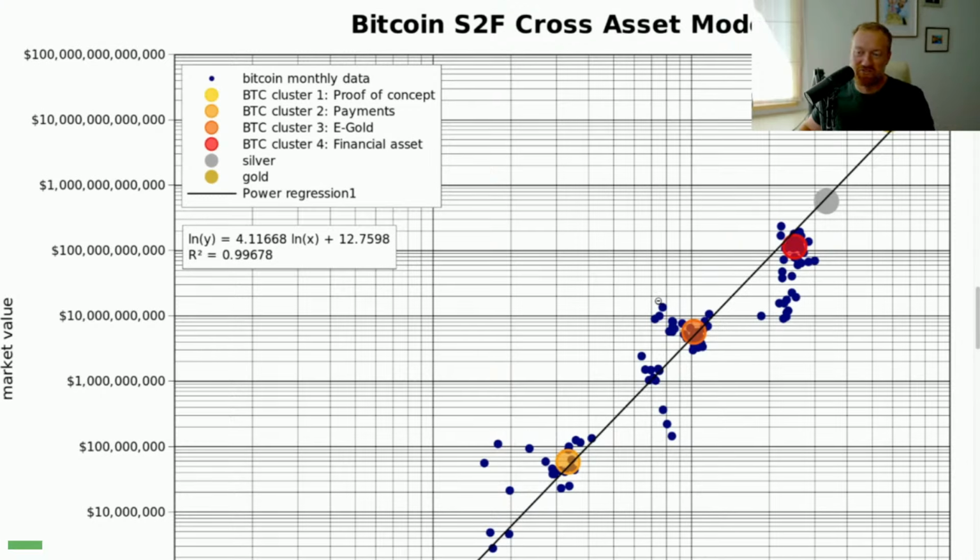They don't move on the diagonal. This is a Bitcoin stock to flow. It's fine to use only Bitcoin values, but silver and gold will move up and down. Their stock to flows are constant. They are exponential assets. Their growth rates, i.e., their stock to flows, are constant rates.